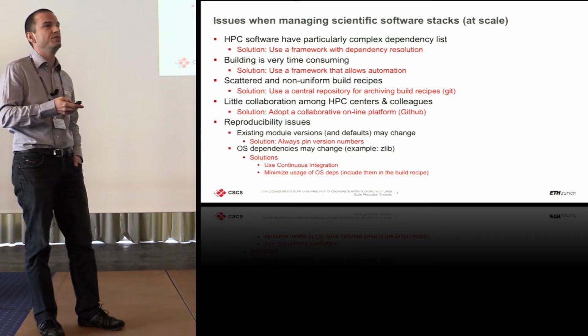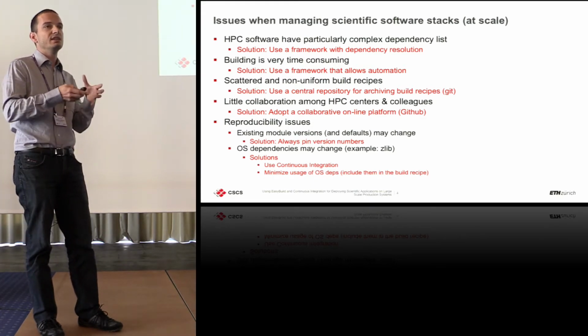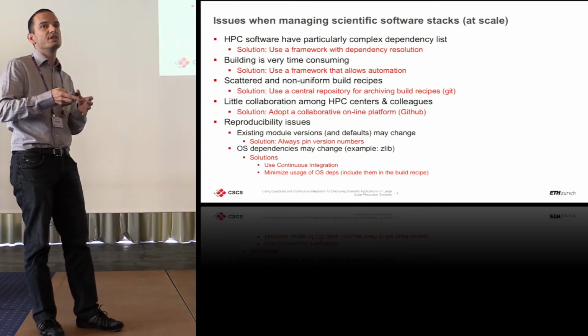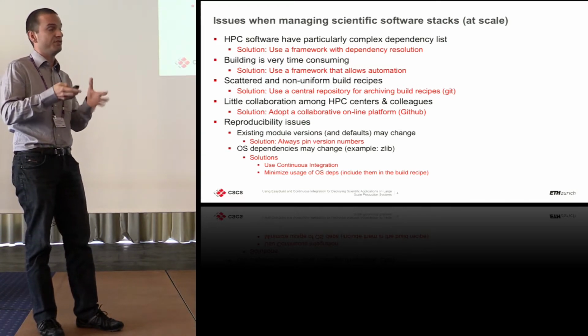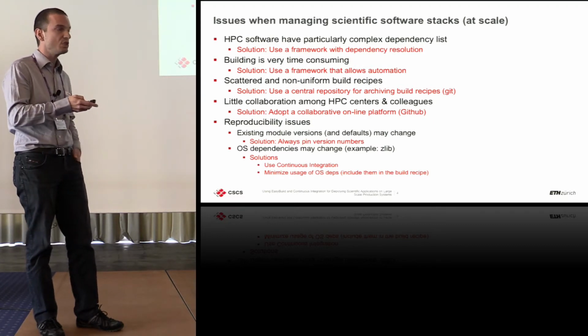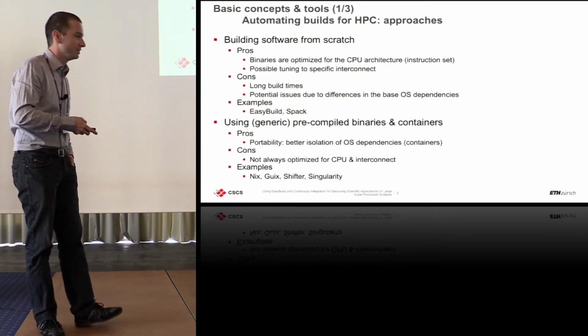So we don't use the default software available on the system. We always say that if we want a specific version of MPI or GCC, we say that we want that version, and we don't use the system default to avoid that in the future this default will change and the build will fail.